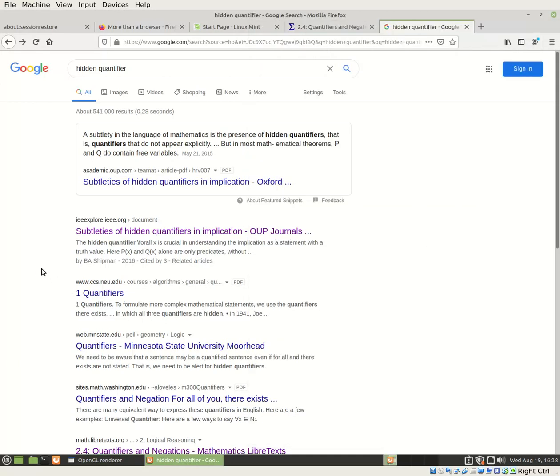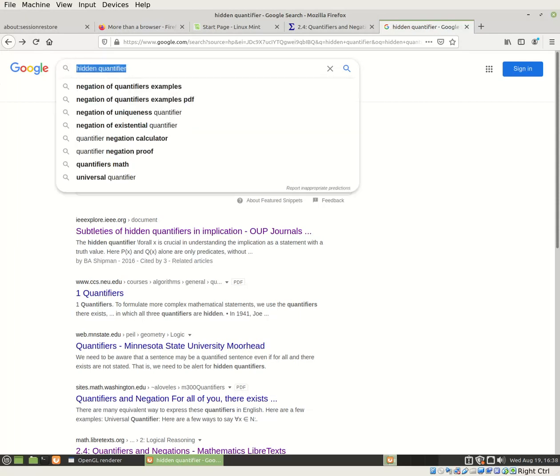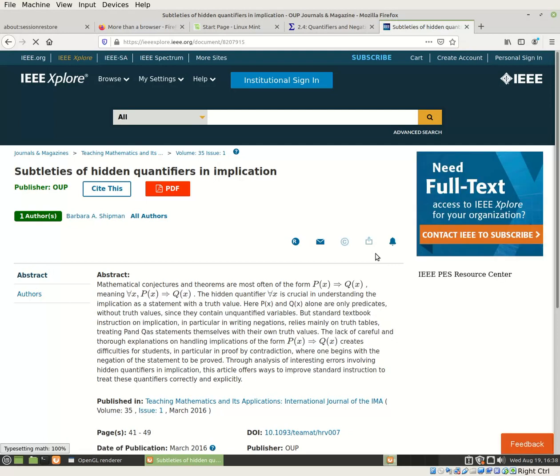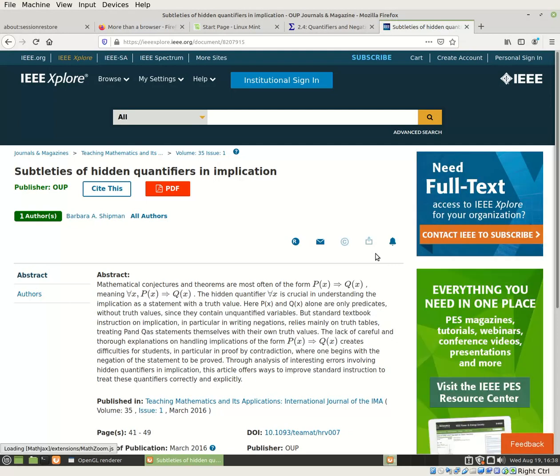If you Google for hidden quantifier, one of the first things that come up is how important it is to realize that this is a hidden quantifier. And this is exactly the situation that we're in.